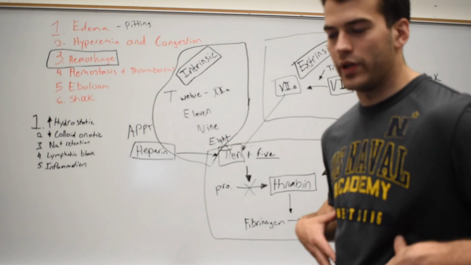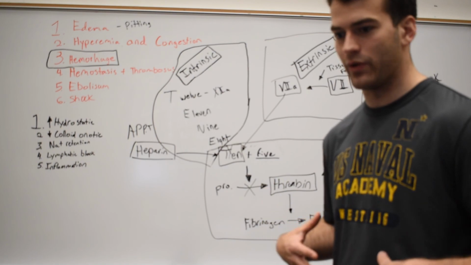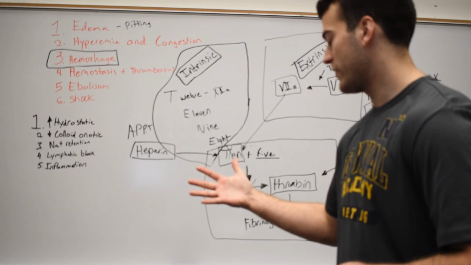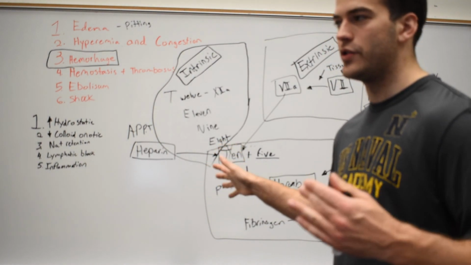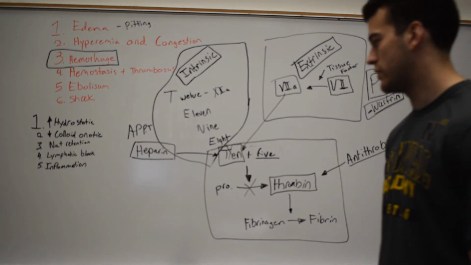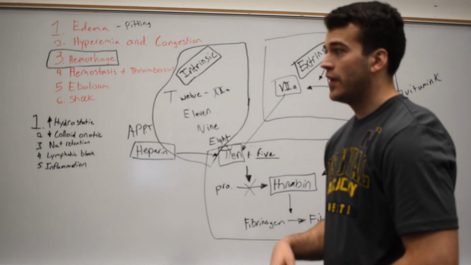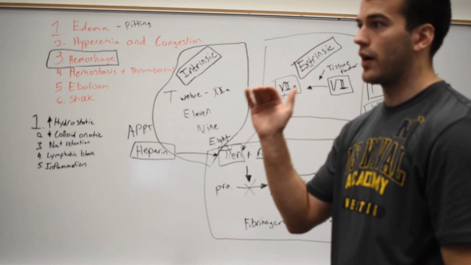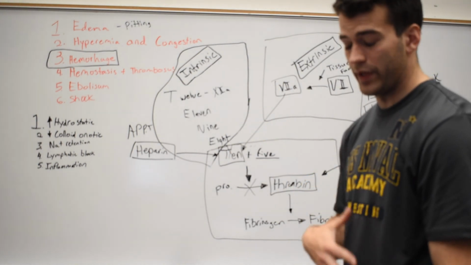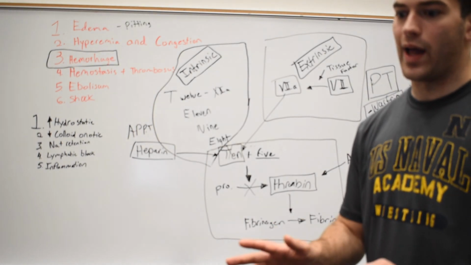Since we only have a limited amount of blood now, we're going to keep it to our vital organs. We're not going to perfuse the peripheral tissues, which are much less susceptible to hypoxia than our visceral tissues. That's a way we can get around it, and it's going to keep our blood pressure constant in at least our visceral organs for a little while.